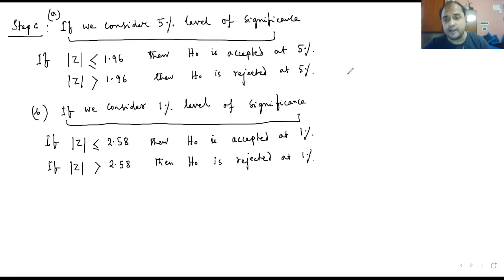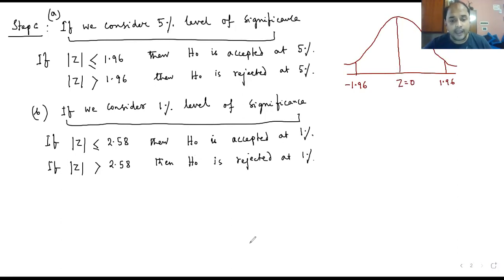If I draw the figure, this is the normal curve. This is the point minus 1.96. This is the point plus 1.96. This is the middle, the median, Z equal to 0. This is region T1. This is region T2.